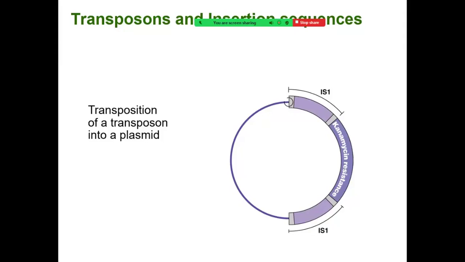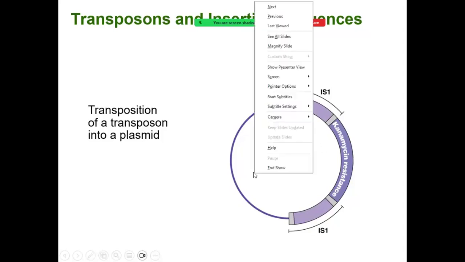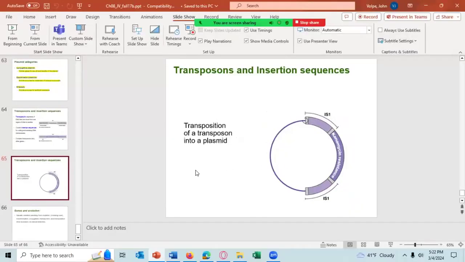And so transposons are important because they can move DNA around from one region of the cell to another. And then that can increase the occurrence of the kanamycin resistance gene in the population, because if it moves into a plasmid, then this plasmid DNA is more likely to spread to other cells in the population. Any question about transposons?